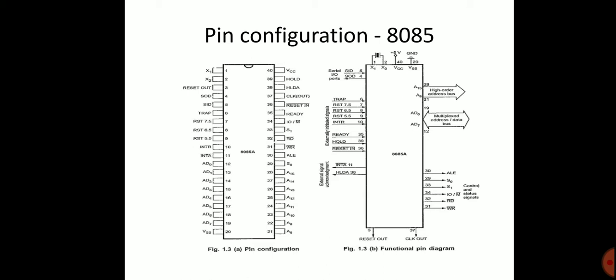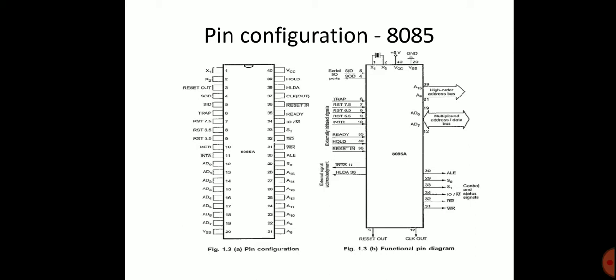And the control and status signals. The first one is ALE, that is address latch enable. We know that AD0 to AD7 lines are multiplexed and the lower half of the address A0 to A7 is available only during T1 of the machine cycle. This lower half of the address is also necessary during T2 and T3, the remaining machine cycles, to access the specific location in our memory or input output port.